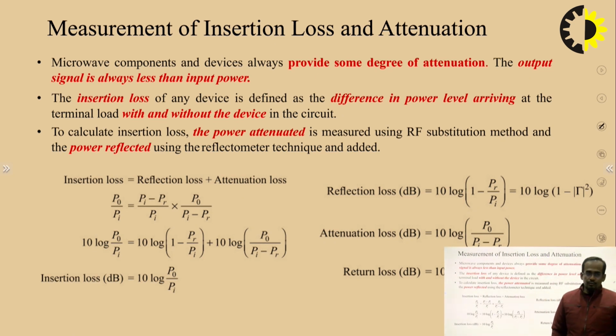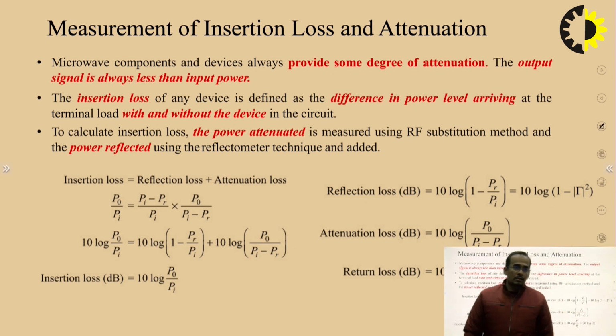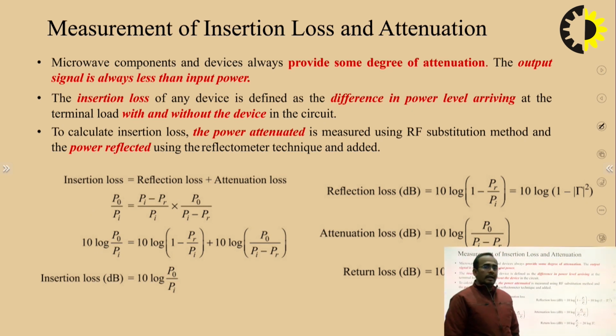So how can you represent this attenuation loss, reflection loss and return loss in terms of VSWR or in terms of reflection coefficient? Reflection loss is nothing but 10 log 1 minus PR upon Pi.